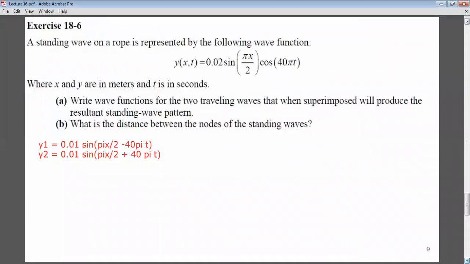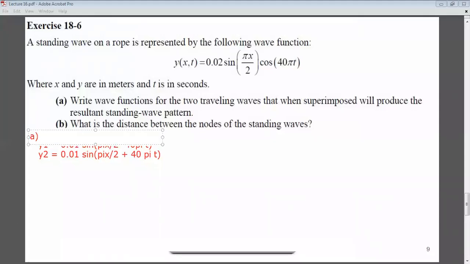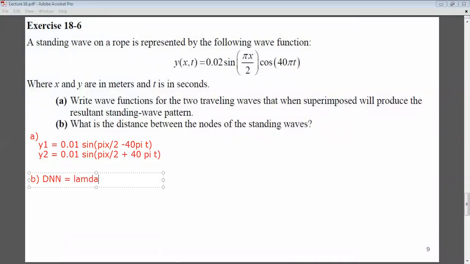Okay. What is the distance between the nodes of the standing waves? So this is part A. Here you have to remember that the distance between a node and a node is lambda over 2. How much is lambda? It is 2 pi over k, over 2. The 2 and the 2 cancel, and I will have pi over k.